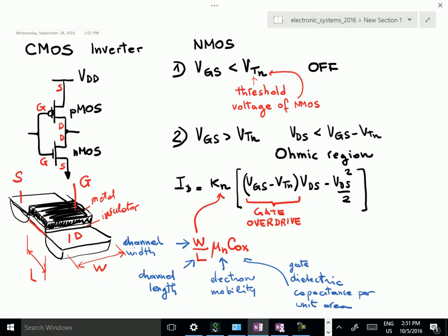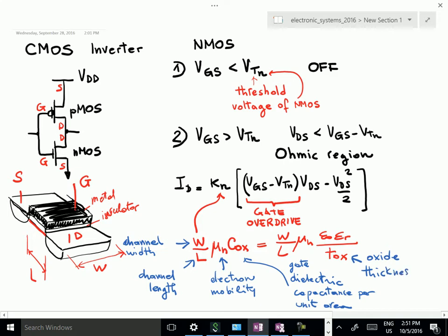Cox is the capacitance of such a capacitor per unit area, and as you know, the capacitance per unit area is the permittivity of the vacuum, epsilon 0, times the relative permittivity of the dielectric over the thickness of the oxide. So this is the oxide thickness.